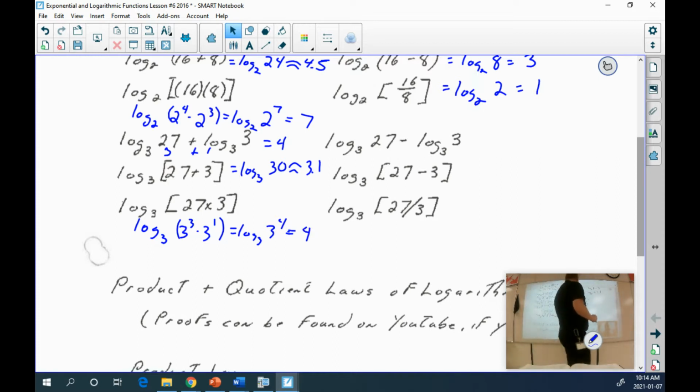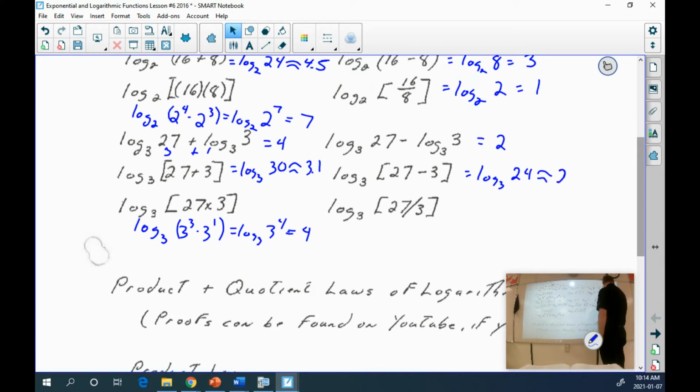Over here, this will work out to be 2. Log base 3 of 24, something around 2.9. Don't know exactly what it is, but it's an approximate, because log base 3 of 27 is 3, so that's got to be in that range. Here we have log base 3 of 9, which is 2.